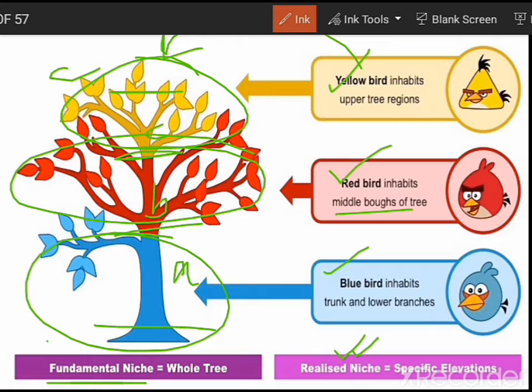Similarly, the niche that is formed at B is due to the red bird, and the niche that is formed at A is due to the blue bird. So different organisms can have their own realized niche, but a single fundamental niche can have many different organisms, and it has many different realized niches present in it. This is known as niche specialization. Specialization of a particular niche by a particular organism is known as niche specialization.